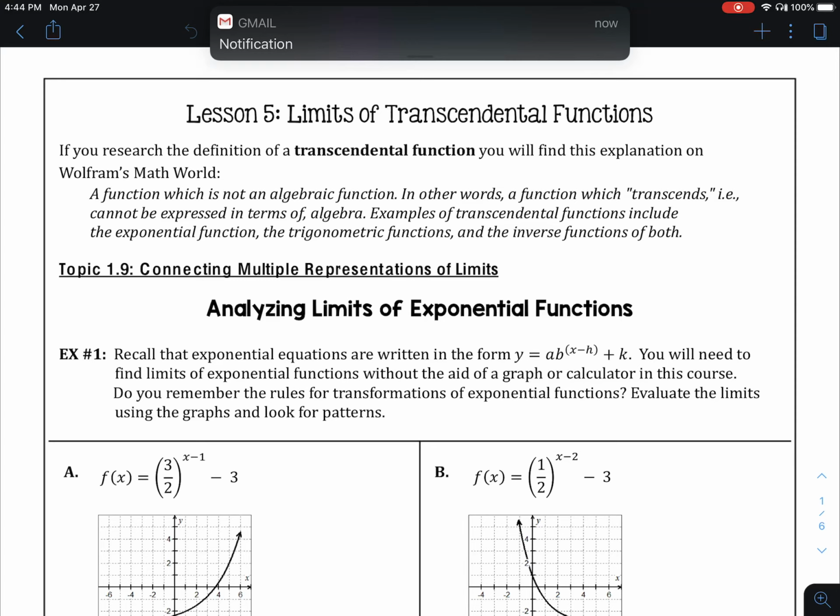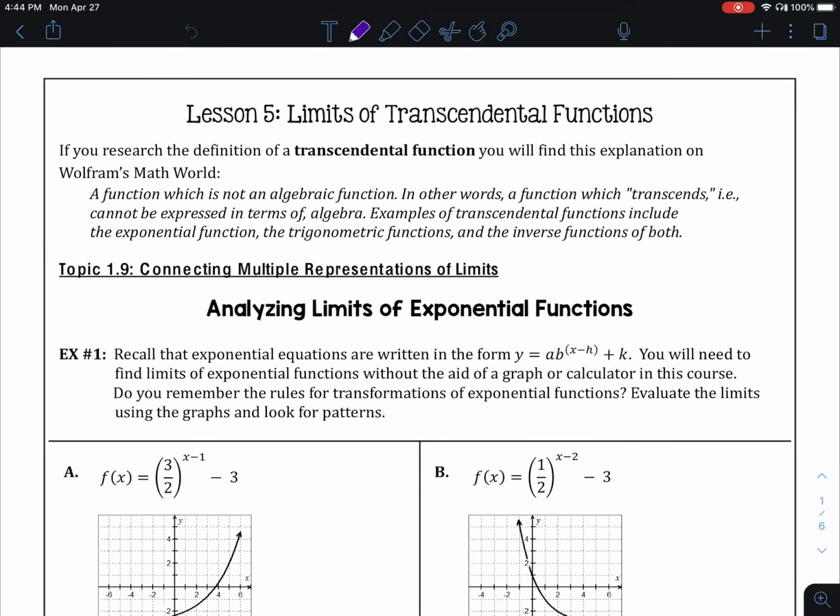So before we can talk about the limits of a transcendental function, I think it's important to know what a transcendental function is. How I describe it is a function that transcends algebra. So typically algebra formulas are like your polynomials, your rational functions. Those are your algebraic functions.